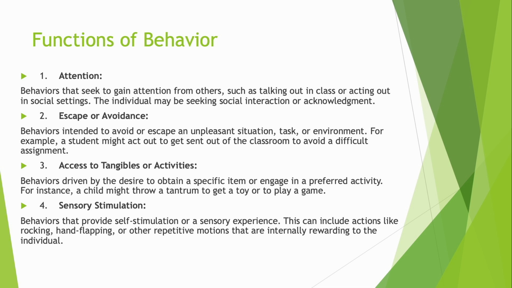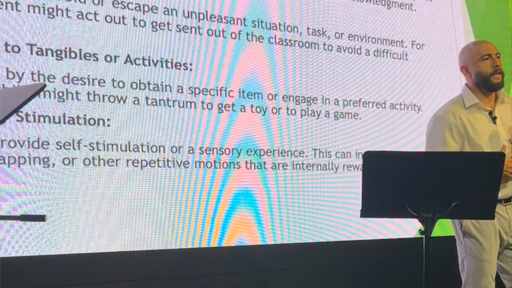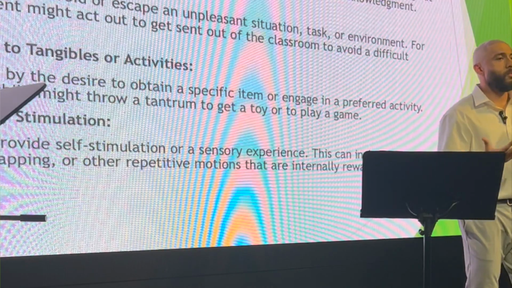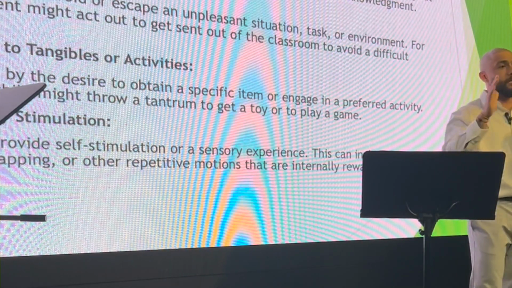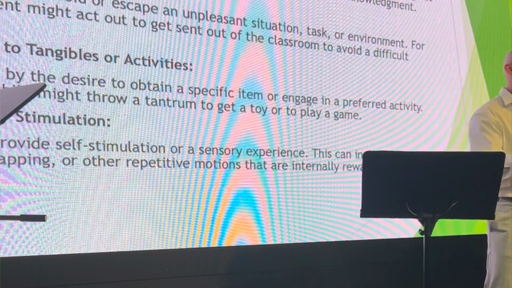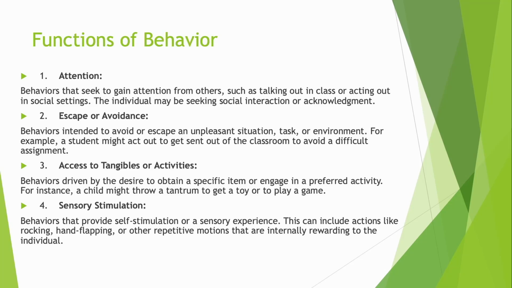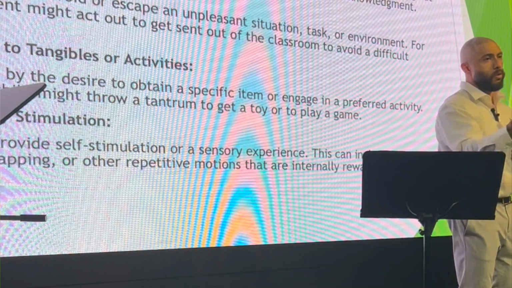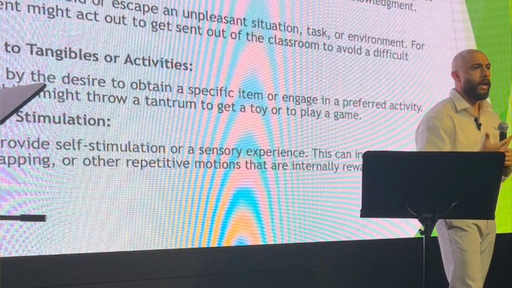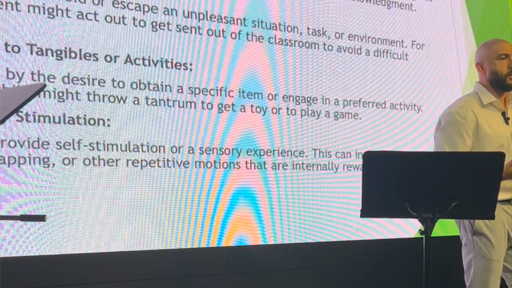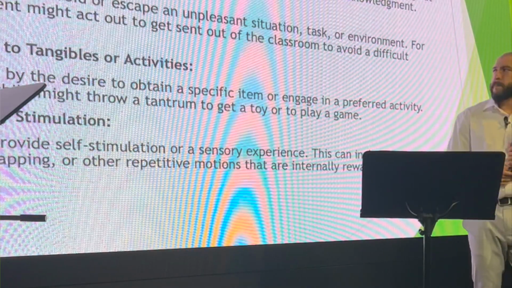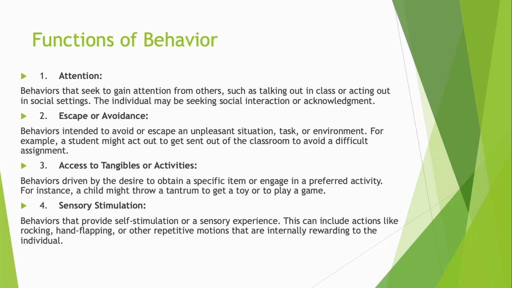To escape, maybe that same individual is placed with a task that he or she may not find to be rewarding. They engage in that same screaming. At that point in time, the screaming is occurring because they're looking to escape that demand. Access to tangibles, with that same example, would be the child screaming because he wants to request a certain toy, an iPad, a tablet, whatever it may be, access to something tangible that they enjoy. And they use that behavior to communicate that.